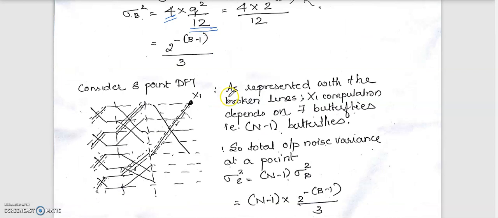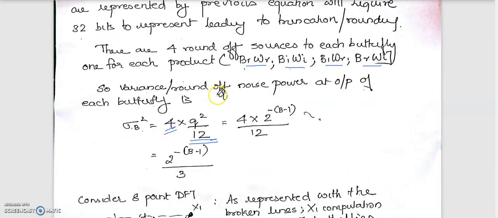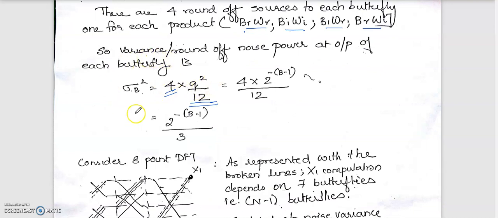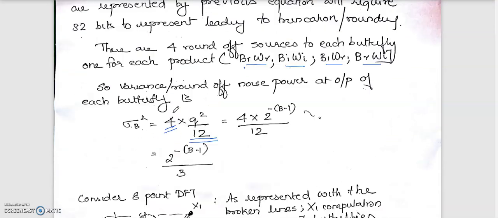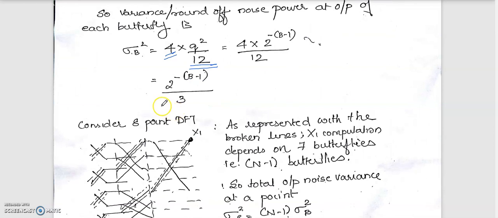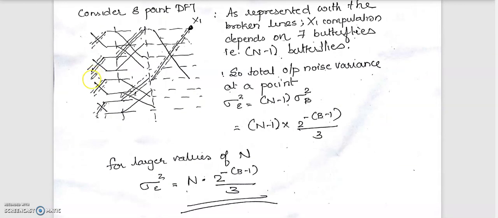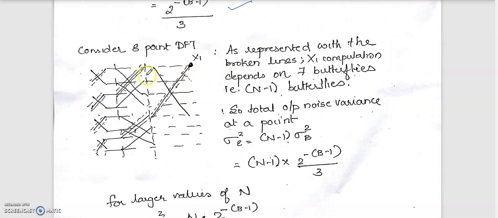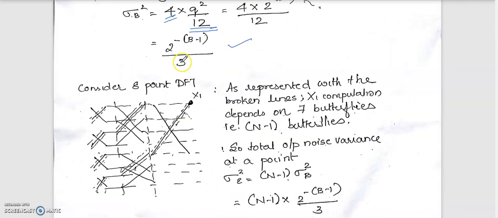What is just mentioned here is related to the computation of one butterfly. For each butterfly you have this much error that is generated. So just imagine what kind of noise will be involved in the computation of an 8-point DFT.